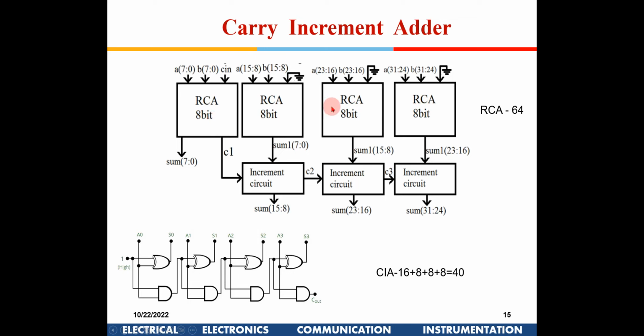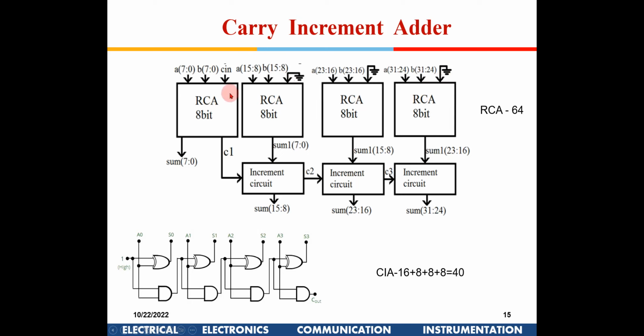Which is cascaded, right? Instead of that, I make this 32-bit into 4 8-bit adders. And for every 8-bit block, the carry in of the least significant bit, I am giving 0.